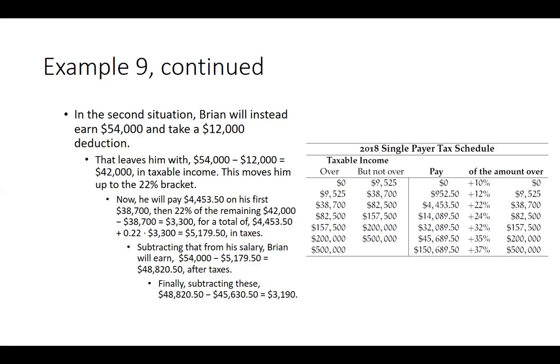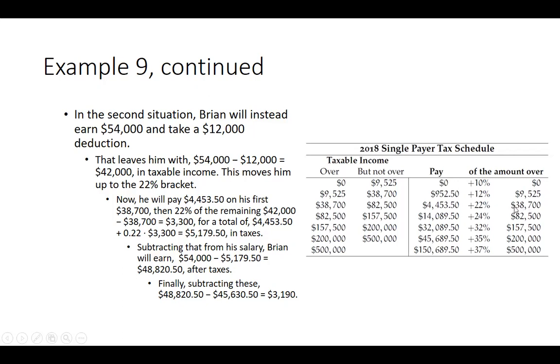So instead of a salary of $50,000, he has a salary of $54,000. Again, he takes the $12,000 deduction. $54,000 minus $12,000 is $42,000 in taxable income. This has moved him up into the 22% tax bracket. Now he'll pay $4,453.50 plus 22% of the amount over 38,700.